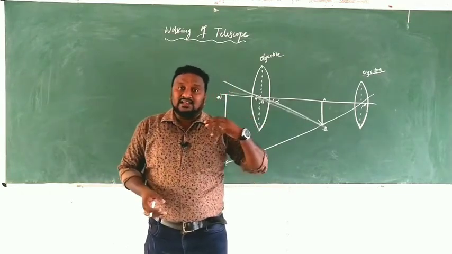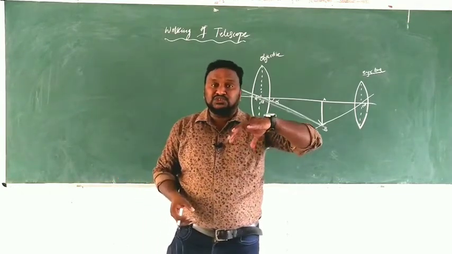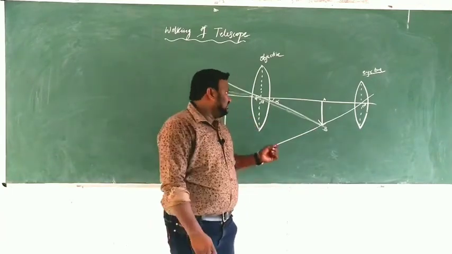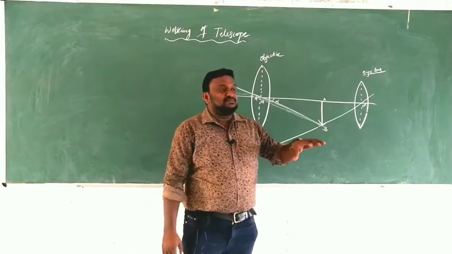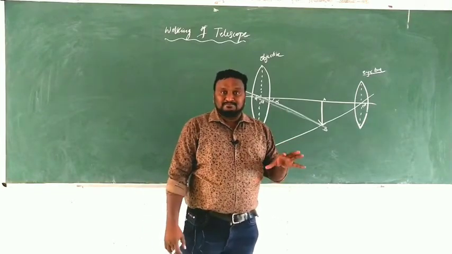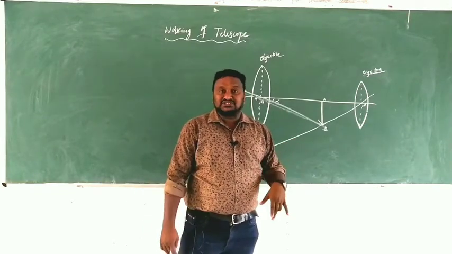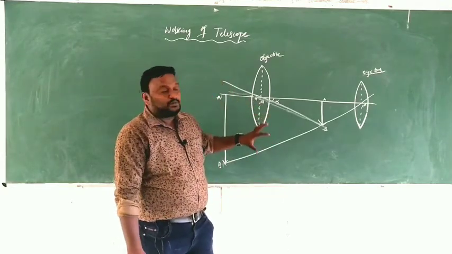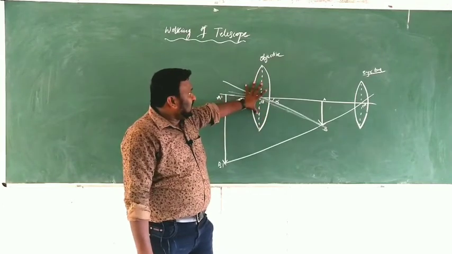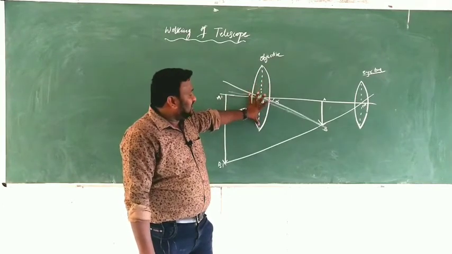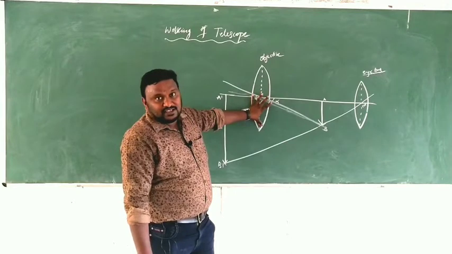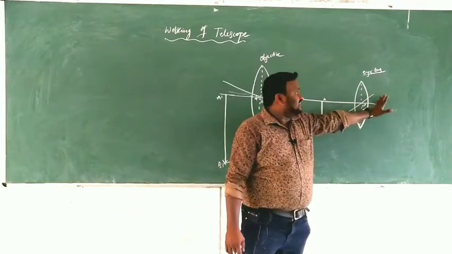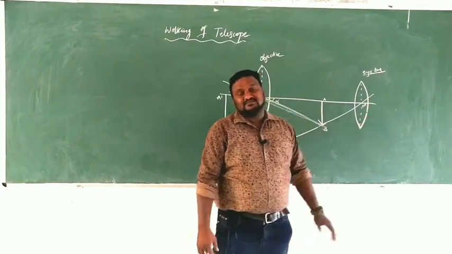The lenses must be fitted in a metal tube. Generally we can see binoculars, which also have the same construction. In the telescope, this is the object lens, which must be towards the object, and here we keep our eye, that's why it is called the eye lens.